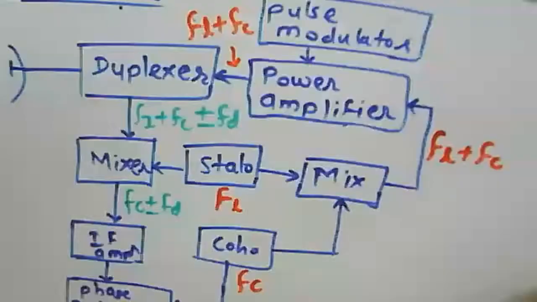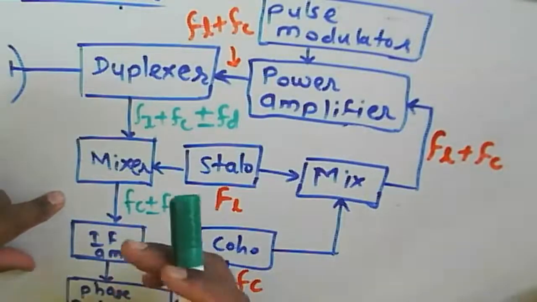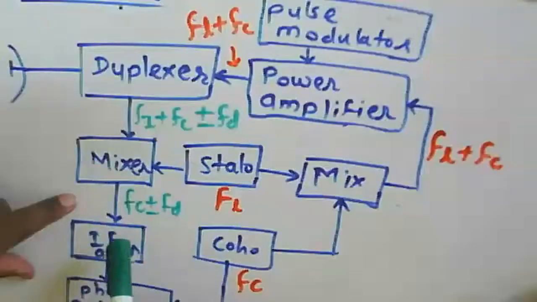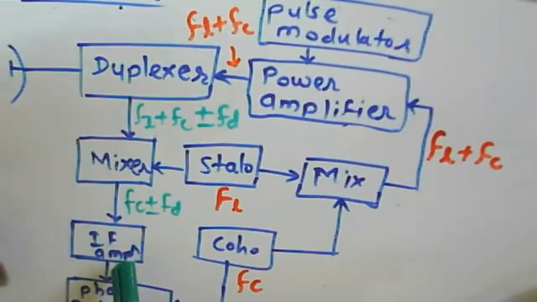The IF amplifier amplifies the signal for a particular specific band of frequency. If noise is there, that is removed. Further, the signal proceeds toward the phase detector.